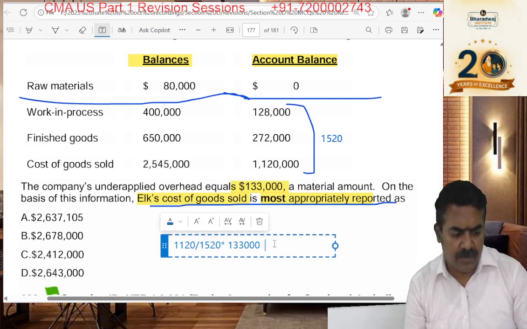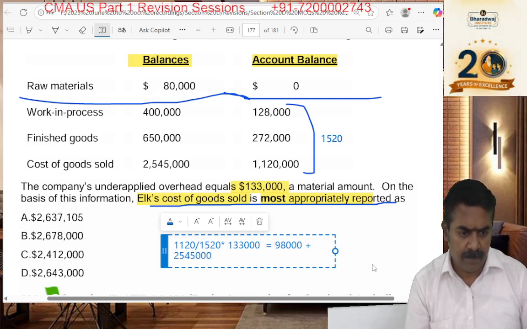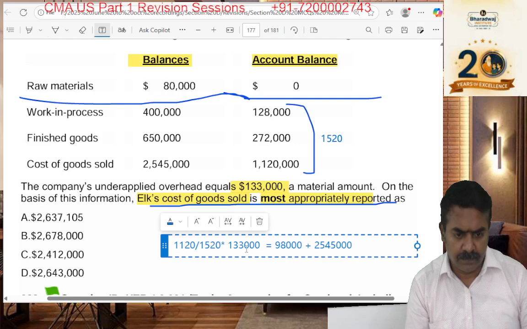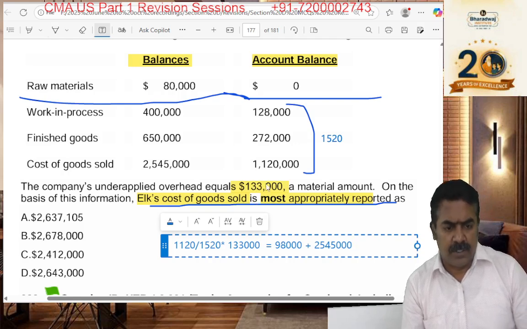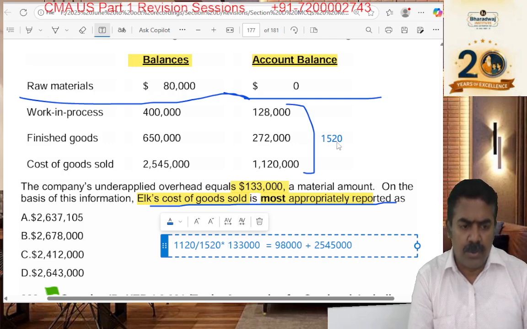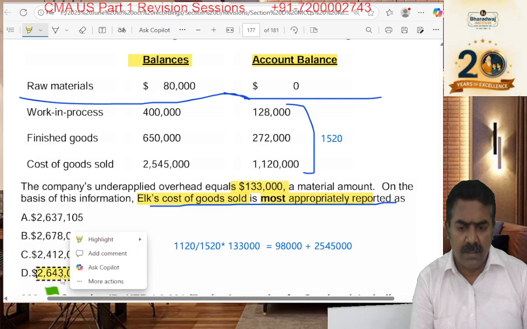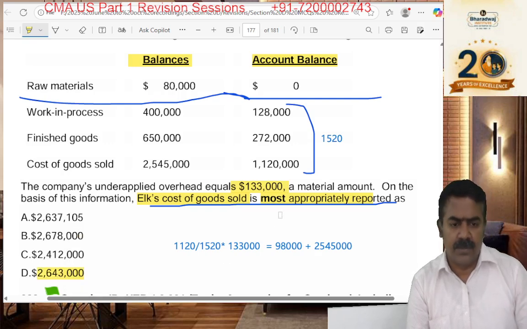How much do you get for this? 98,000. 98,000 plus existing cost 25,45,000. Proportionate 1,33,000 into 1120 by 1520 to cost of goods sold is 98,000 plus 25,45,000. Now what is the total? Cost of goods sold will be adjusted with 26,43,000.